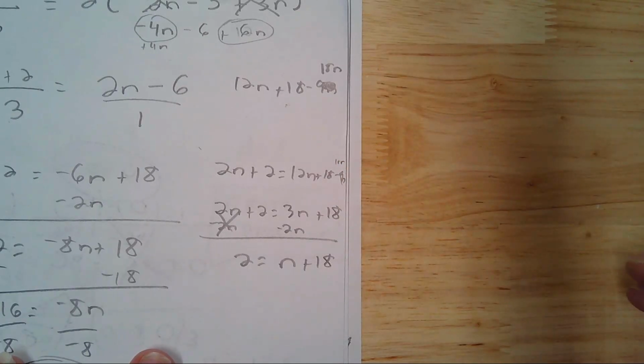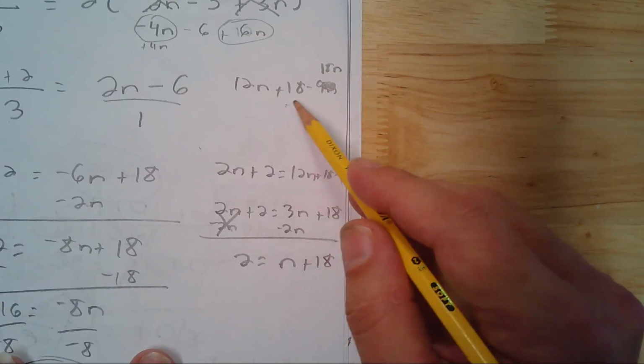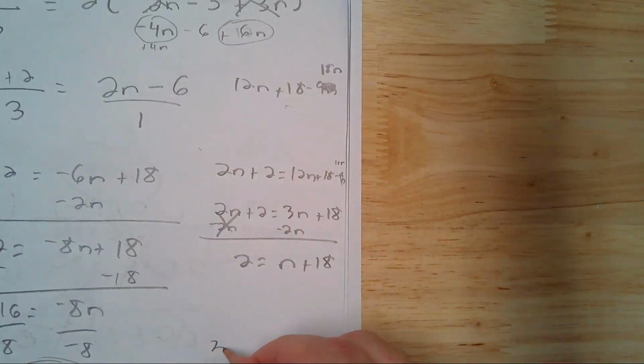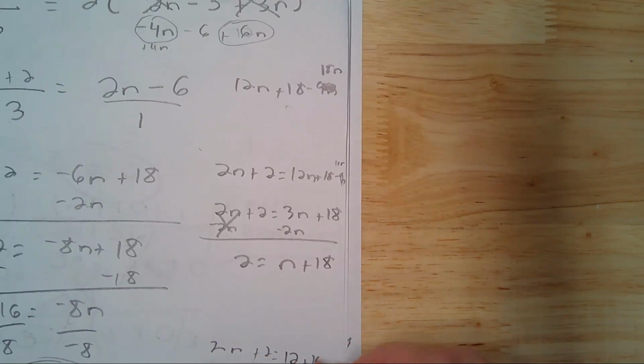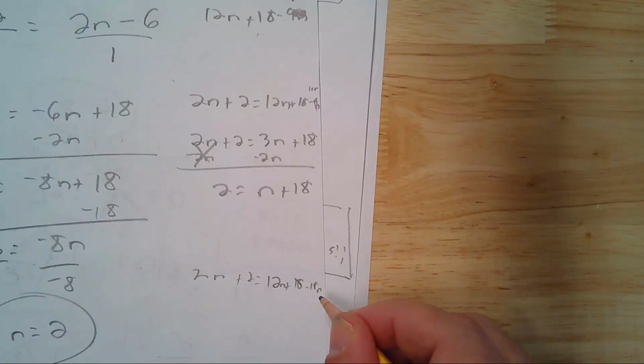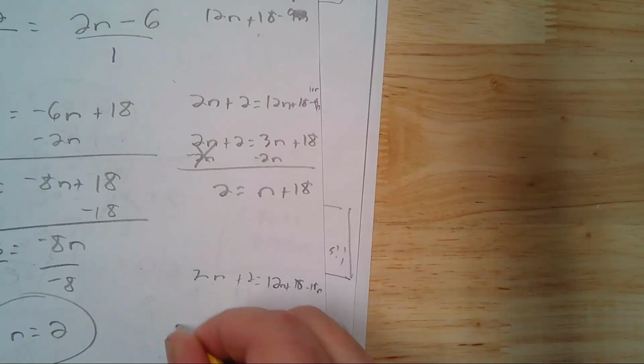So then what did I do here then? 12n plus 18, so that's times 3. So then you're at 2n plus 2 equals 12n plus 18 minus 18n. 12n minus 18n would give you negative 6n plus 18, 2n plus 2.